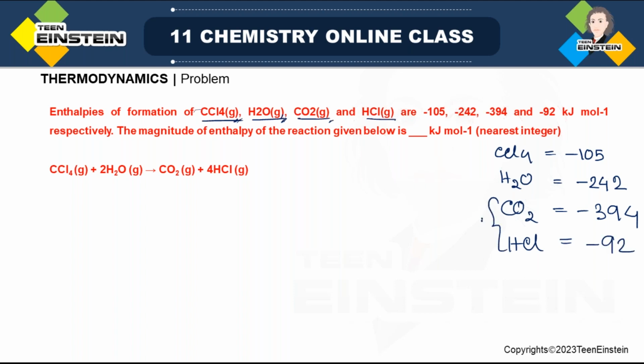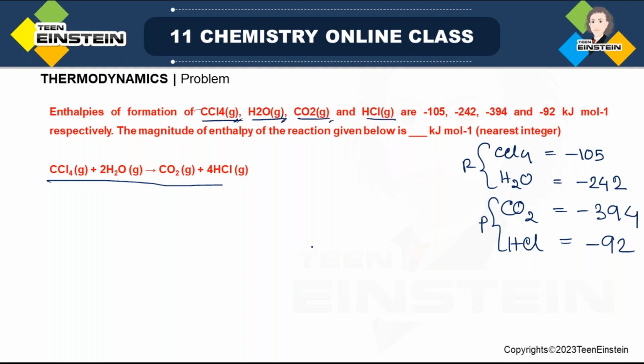So these two are basically products and these two are reactants, because look at the reaction: CCl4 with 2 moles of water is producing 1 mole of carbon dioxide and 4 moles of HCl. So from the individual enthalpy of formation values for the 2 reactants, CCl4 and water, and the 2 products, CO2 and HCl, we will use all these 4 values.